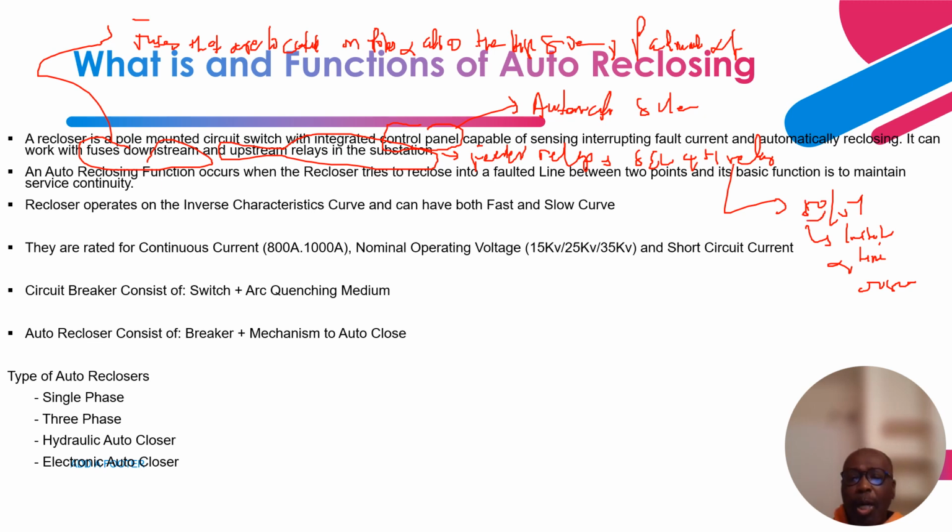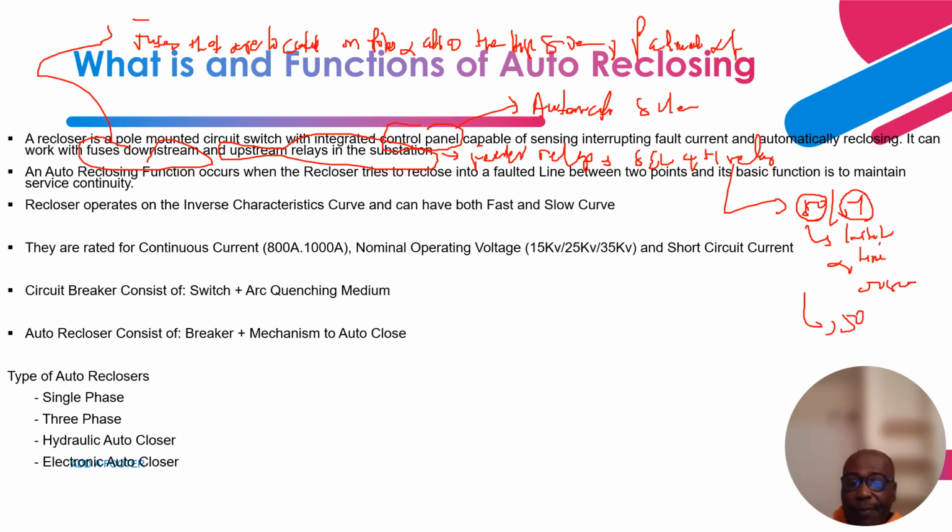And more often than not, the instantaneous is disabled for feeders, unless of course the feeder is directly connected to motors. That is when the instantaneous element is enabled. But if it is a direct feeder feeding loads, then it is only the time overcurrent element that is enabled.